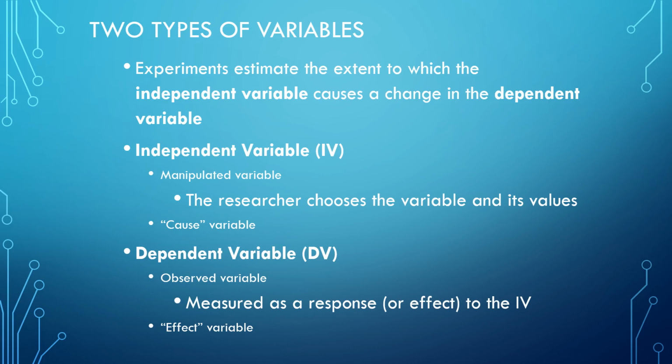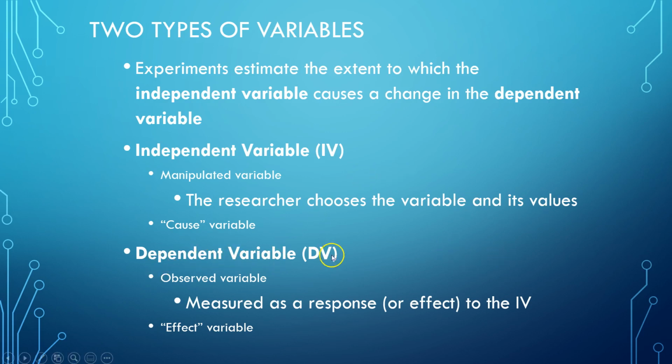Now I could have chosen one group getting 4 hours of sleep and one group getting 10 hours of sleep. Or I could choose 4 different groups. One group gets 0 hours of sleep, one group gets 2 hours, one group gets 4 hours, one group gets 6 hours. I'm deciding this. That's the independent variable.